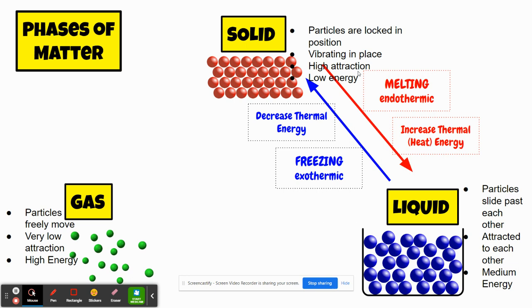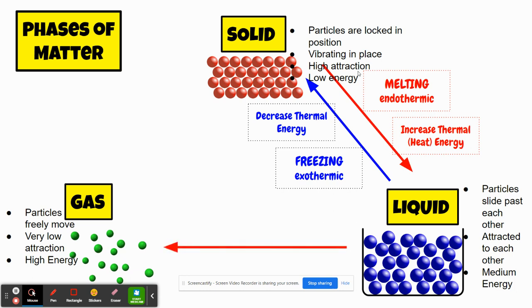All a freezer is, is an energy removal system, taking away energy from the system. So freezing is exothermic. Solid to liquid is called melting. Liquid to solid is called freezing. Okay, make sense?